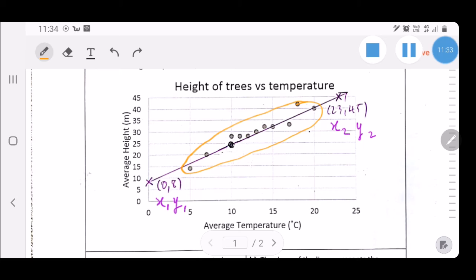Now, we were just asked whether predicting the average height that corresponds with an average temperature of 8 degrees Celsius is an example of interpolation or extrapolation.